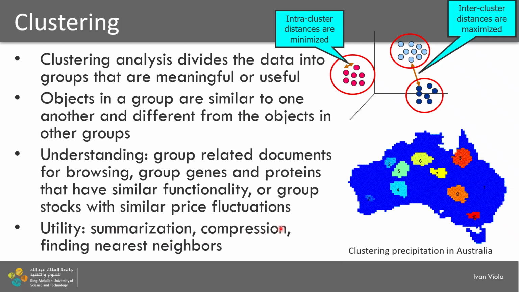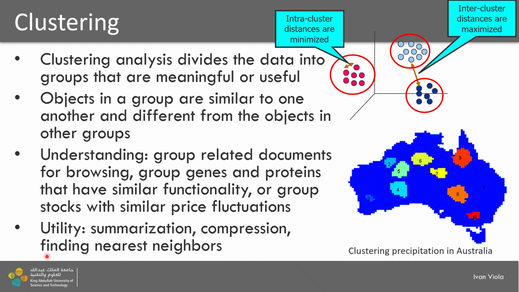And if we need to compress our data into a smaller representation for storage and transmission, then we can use clustering for compression. We can also use clustering for expressing various levels of detail.